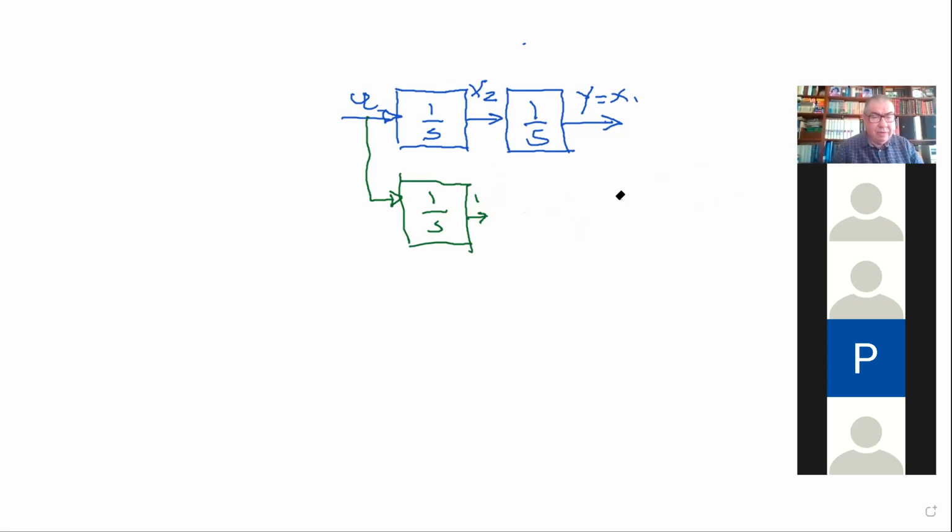Now, suppose that you have some disturbance, and the disturbances affect your system. So you have here some signal D. So that adds to you.